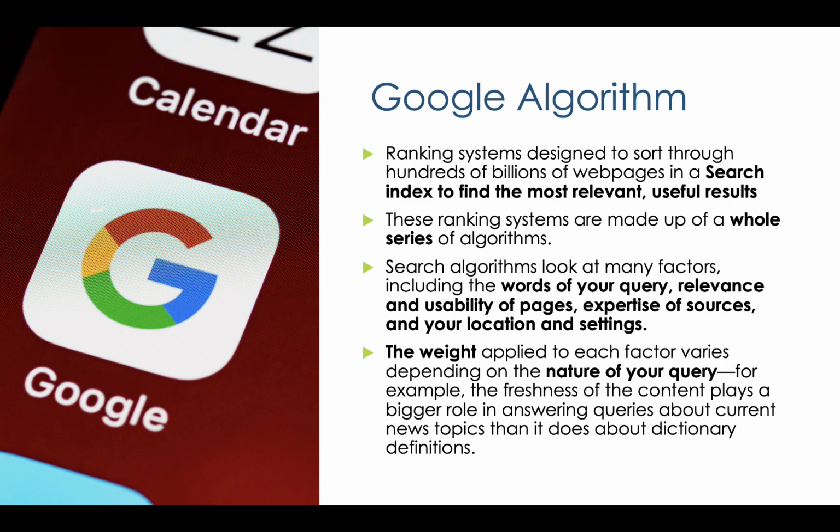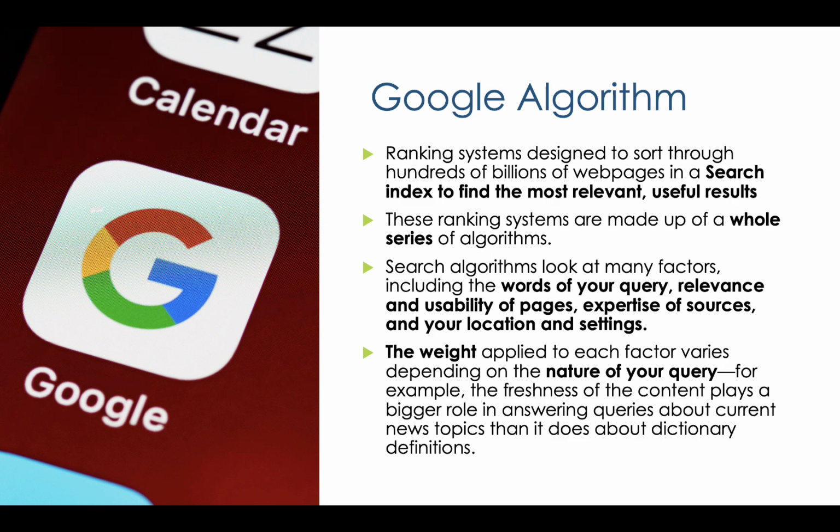And so there's a lot of different things that the algorithms look for. It looks for keywords, relevance and usability of the web pages on your sites, expertise of sources, and locations and settings.